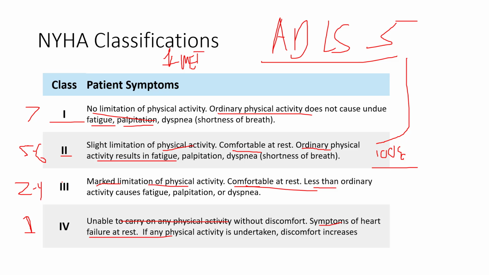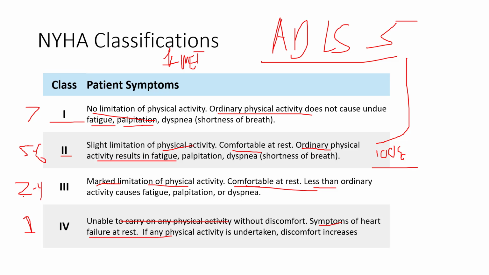If they've only got 4 in the bank, they're running at a deficit, so they can't do normal activity. Less than ordinary activity causes symptoms, fatigue, dyspnea, or they are unable to do it. Stair climbing is a pretty good general rule of thumb. If you can climb a flight of stairs without symptoms and really climb them, you're probably class 2 or above.